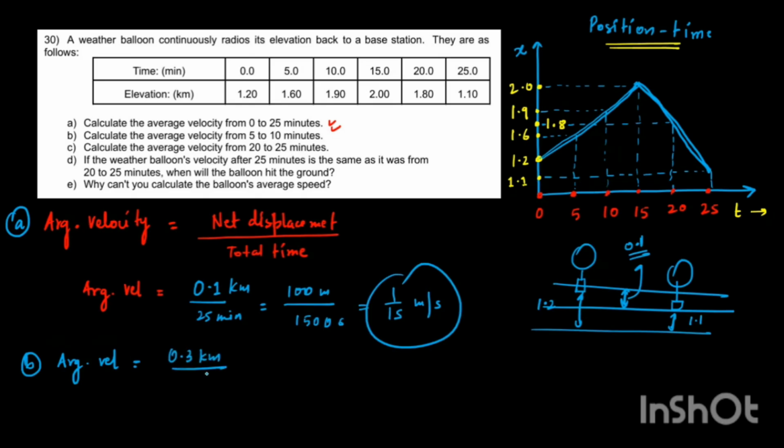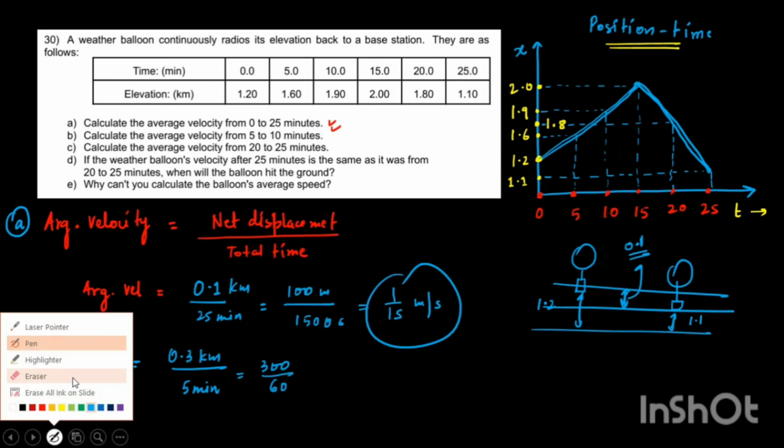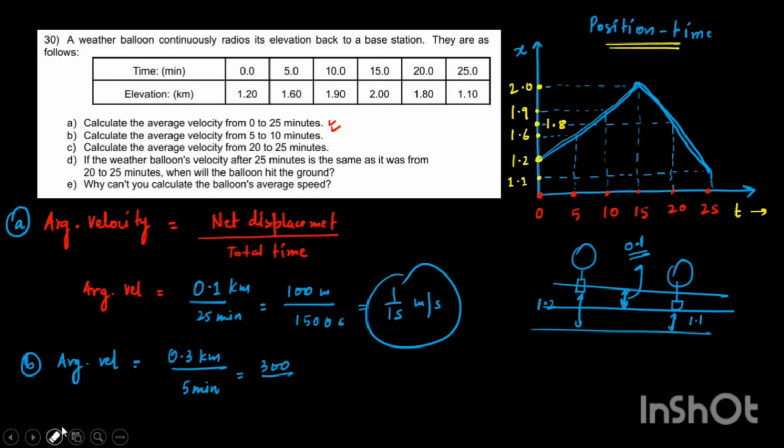And how much time has it taken? 5 minutes. So 300 meters by 60 into 5, that is 300 seconds. So it is going to be 1 meter per second.